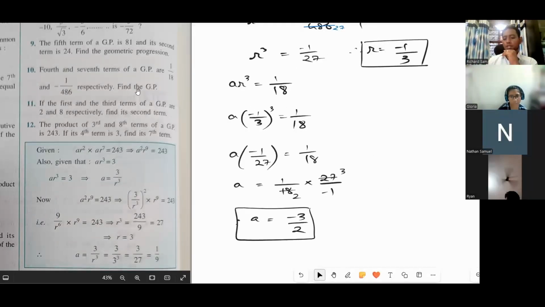Now we have to find the GP. So find the GP means write the first, second, third, at least 3 terms.